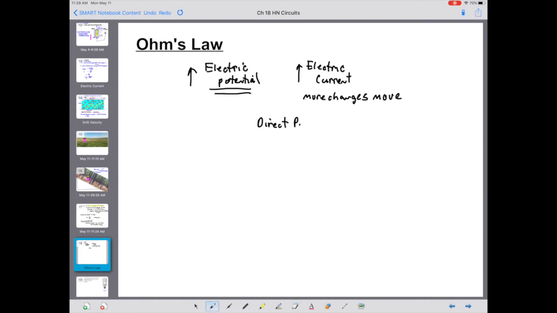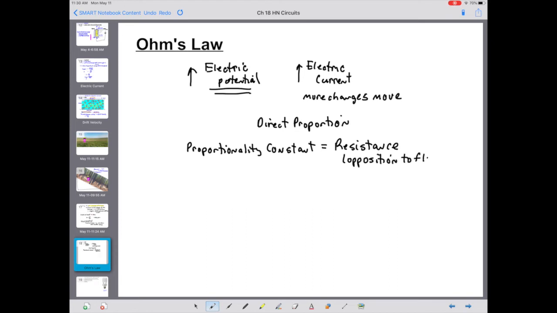We have a direct proportion or a linear relationship. Our proportionality constant we call resistance, which is basically conceptually the opposition to the flow of charges. And that's what you saw in terms of the atoms getting in the way, the trees getting in the way.